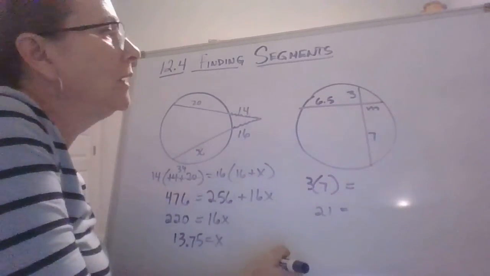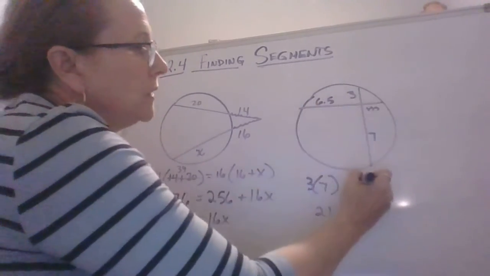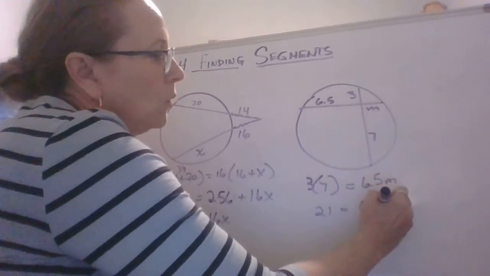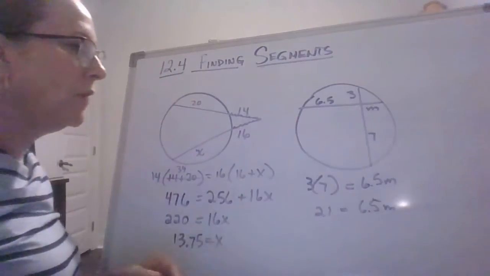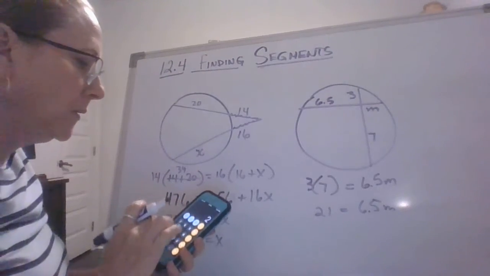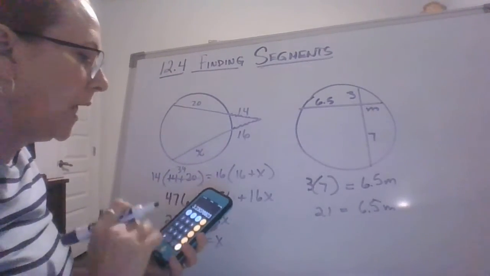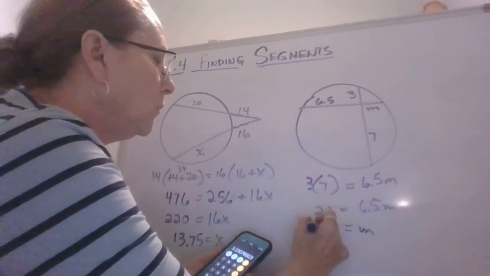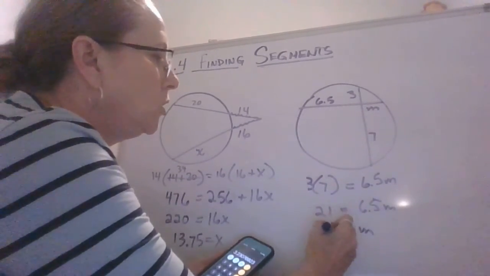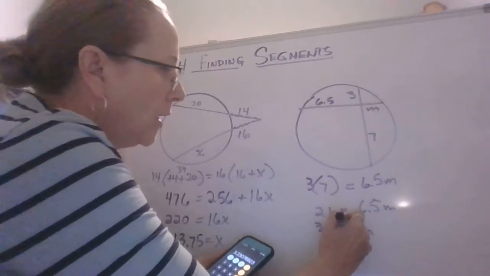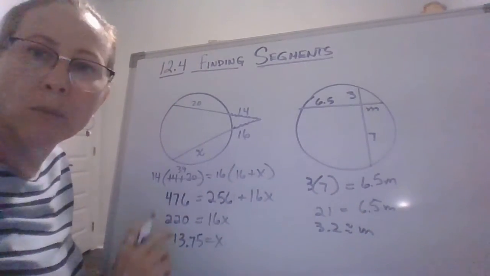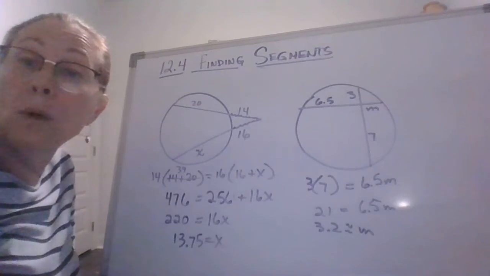So I'll go ahead and write that down. And then 6.5 times M on the other side. So all we have to do to solve that one is divide 21 by 6.5. And we're in good shape. M is equal to 3.2, and that is an approximate. It's perfectly fine. If they gave you decimal numbers, they would tell you to approximate.